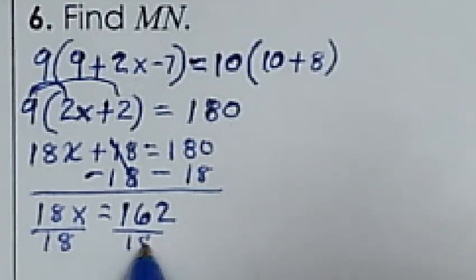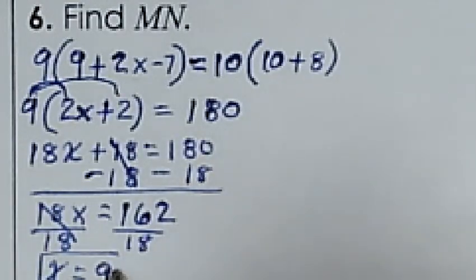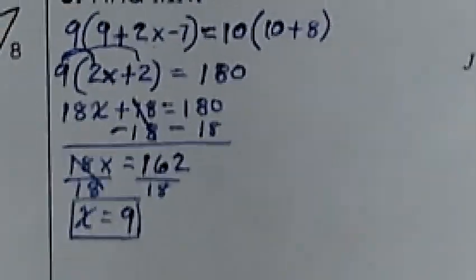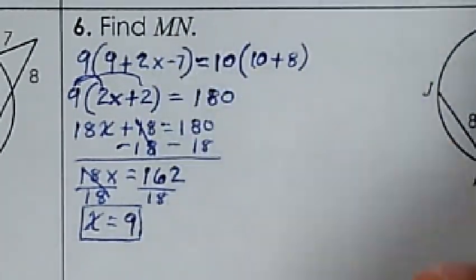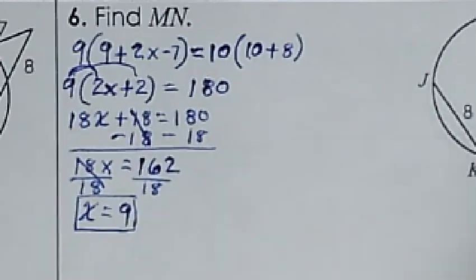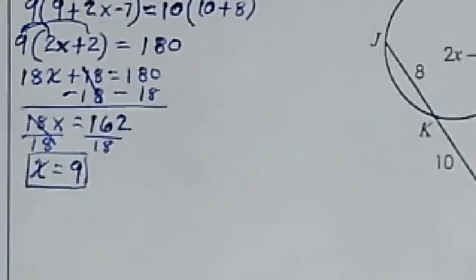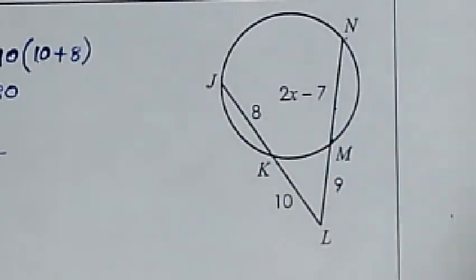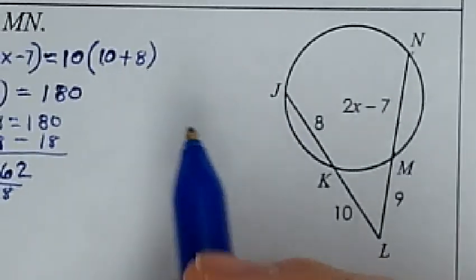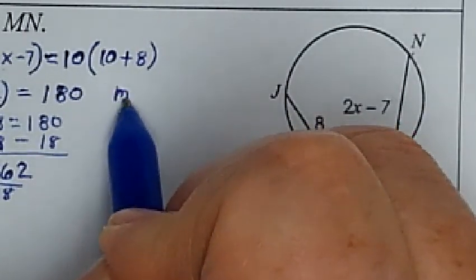Oh. Is it done? Please don't say it's done, because they're asking you to find MN, the distance from M to N. That becomes an input value. Now listen. The distance from M to N, write it down. From M to N is 2x minus 7.